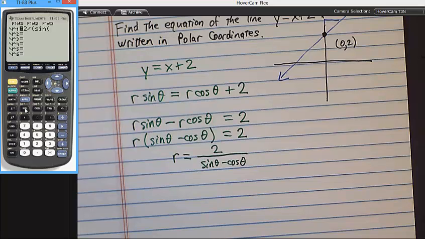Well, if you look where you used to type in x, t, theta, or n, just press it. It's going to give you a nice little theta because it knows we're in the polar mode. So sine theta, I'll close the parentheses. We need a minus sign. Cosine theta, close parentheses twice, and I'm ready. I'm going to press graph, see what it looks like.